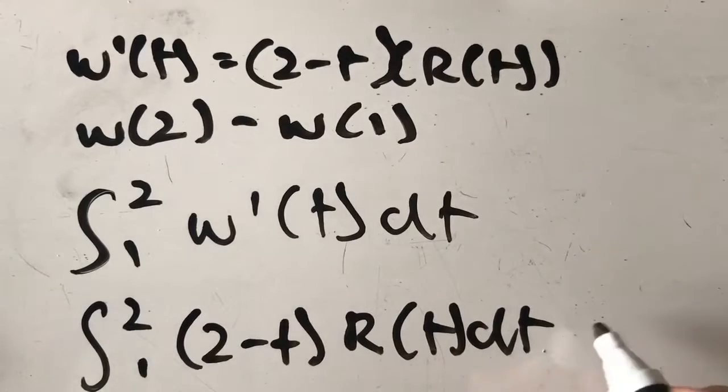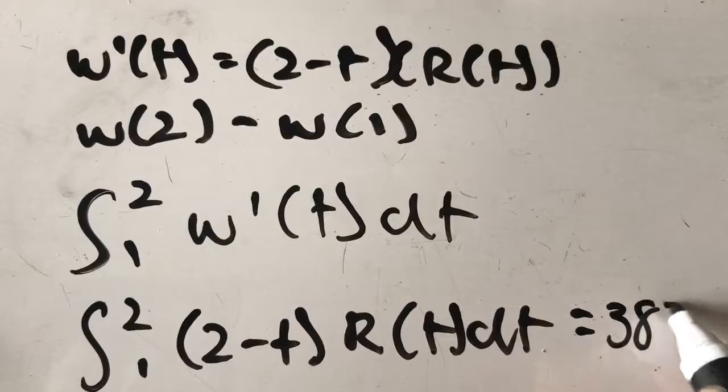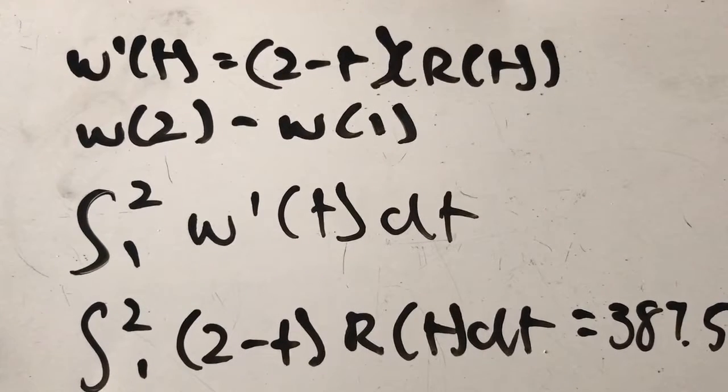And from here, we can put it in our calculator, and we get 387.5. If we look back at the question, it was asking for the total wait time for those who enter after time 1. So we can say that the total wait time for those who enter after time 1 is equal to 387.5 hours. For the grading for this problem, there are 2 possible points, one for having the correct integral, and another for having the correct answer.